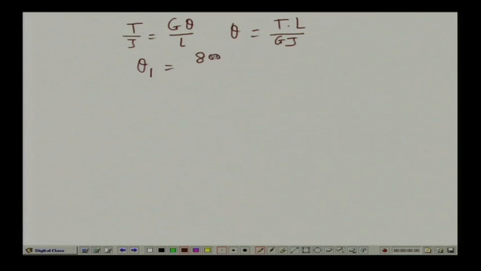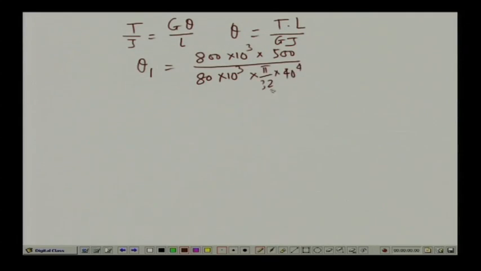Now, let us look into the value of the rotational angle theta. As you have seen, T by J is equals to G theta by L. So, theta gives us a value of T L by G J. For segment 1, if we compute theta, this is equals to 800 into 10 to the power 3 into L, which is 500, by G, which is 80 gigapascal into 10 to the power 3, into pi by 32 into 40 to the power 4.